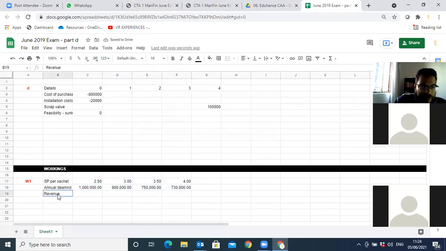Now our revenue is going to equal 250 times 1 million, so that's going to generate 2.5 million.